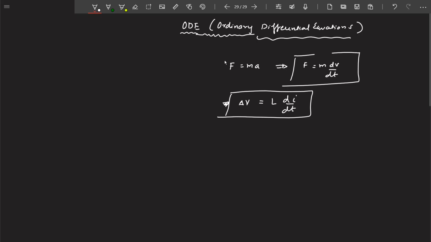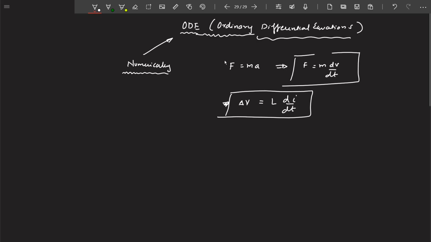In this chapter we are going to talk about ordinary differential equations. Basically, we are going to solve ODEs numerically. At this point you might be thinking why there is a need to solve ODEs numerically.